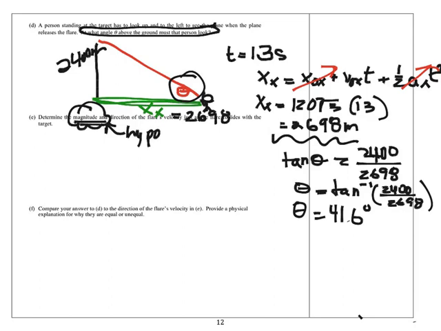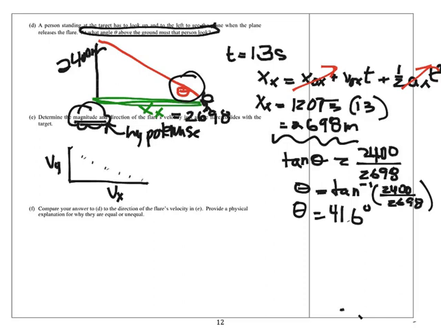So magnitude really means hypotenuse. To find the magnitude of our velocity, we need to know what is Vy and what is Vx. And then we can use the Pythagorean Theorem.